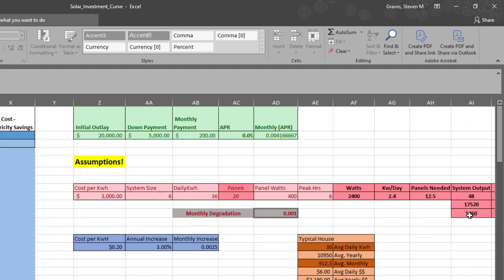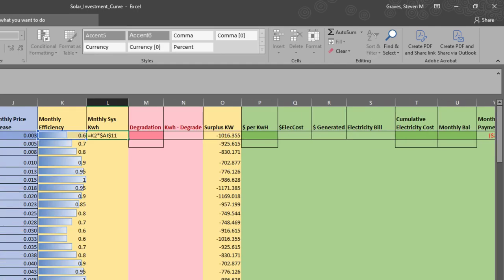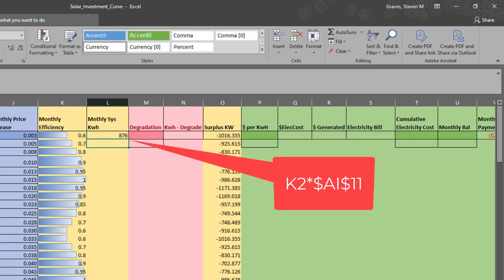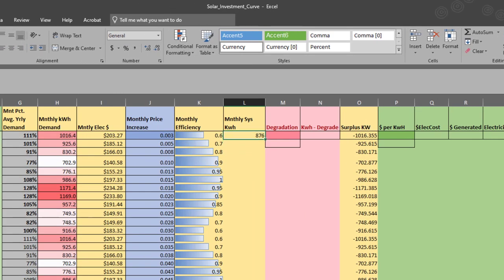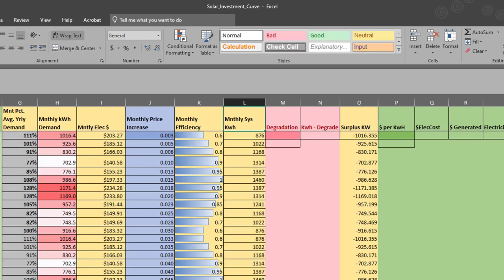Click in our system output that is monthly, which is 1,460 kilowatt hours. Make sure you freeze that or fix it and press enter to get 876 kilowatt hours for that month, and then you can copy that formula all the way down, and you will see that peak performances are in June.